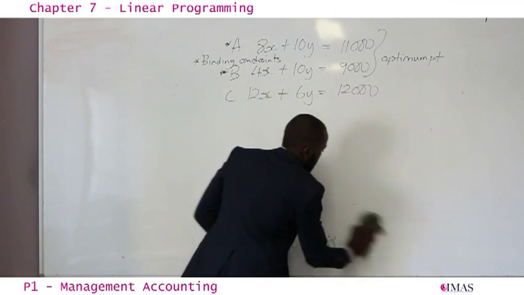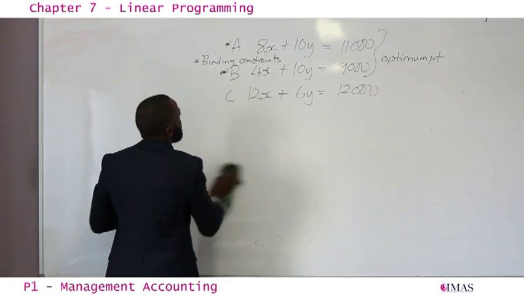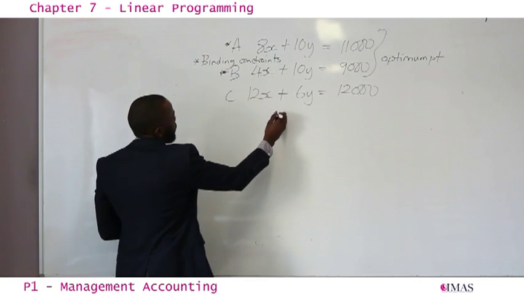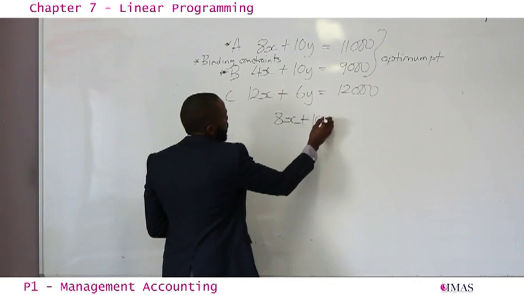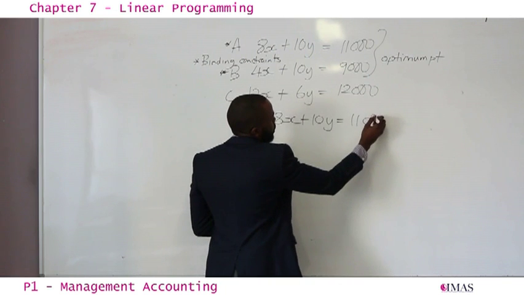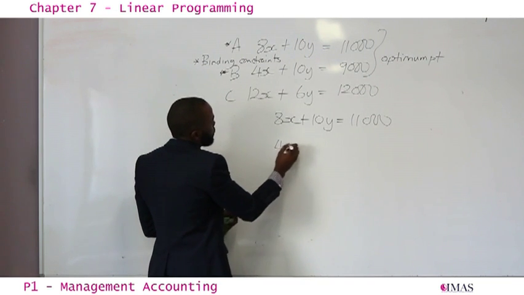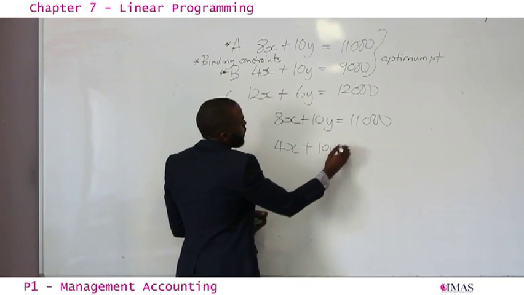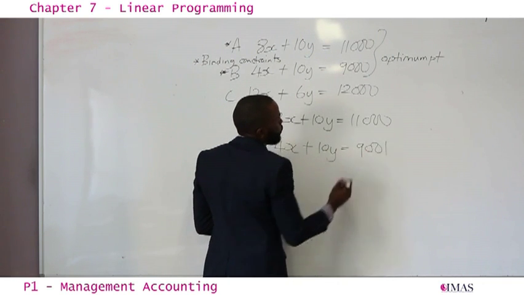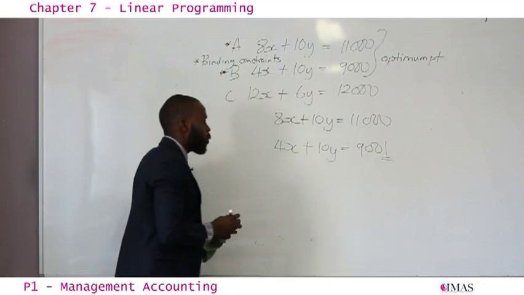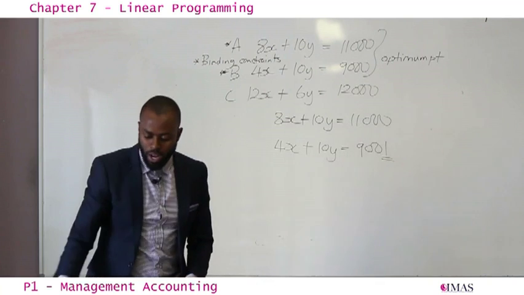Let's look at what happens if we do this to Department B. In Department B, if we increase the hours, it's 4x plus 10y, and we now have 9,001 hours, so we have increased the hours by 1.